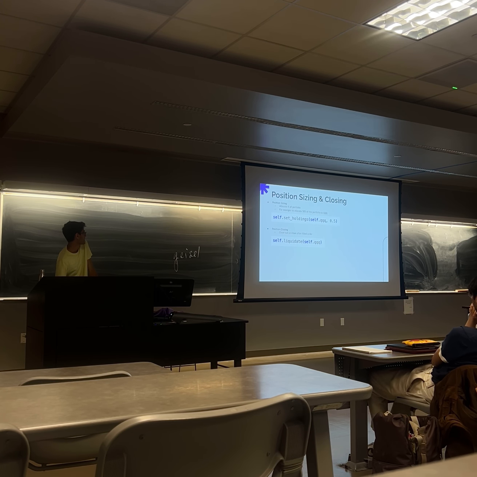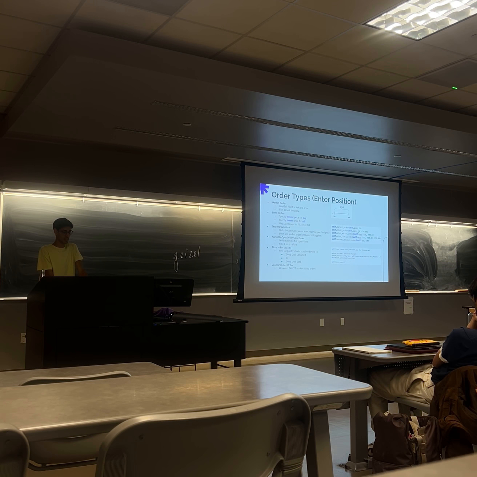Okay, now position sizing and closing. Notice in this previous slide, I was specifying exactly how much I wanted. So I want 10 shares of QQQ, and I want to pay 420 for each one. By the way, a buy or sell is indicated by a plus or a minus: a plus is a buy and a minus is a sell.